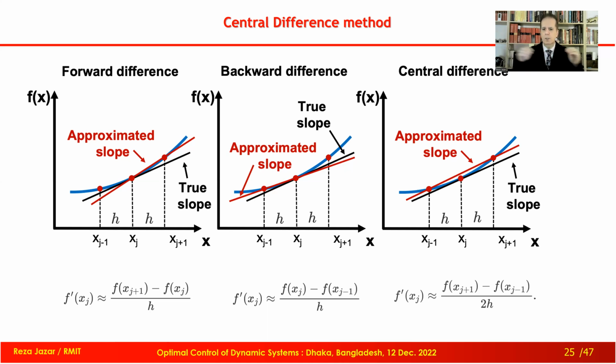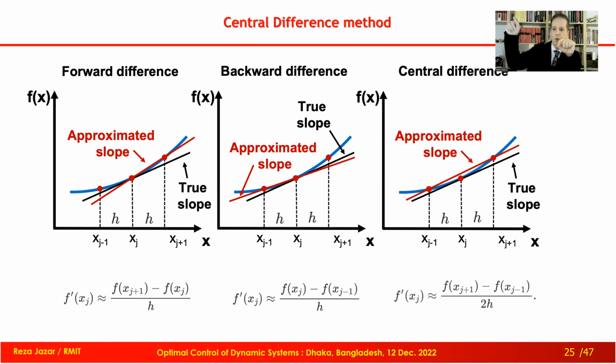Let's assume that on the x-axis we discretize with finite differences. Differences are usually equal. We call it delta x, or to be simple, we call it h. Okay, so h is the increment on the x-axis. If h is going to approach 0, point x_j is there because we are looking at it.